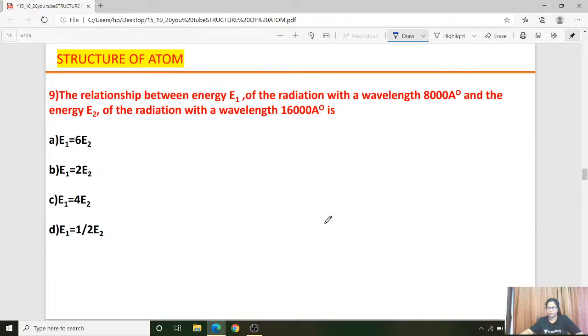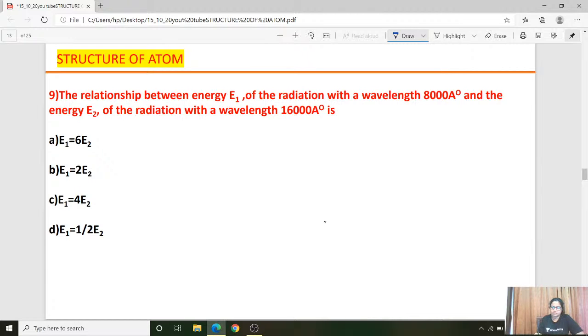Look at the question now. Read the question. The relationship between energy E1 of the radiation with wavelength 8000 angstrom and the energy E2 of the radiation with wavelength 16,000 angstrom. So what is the relation?